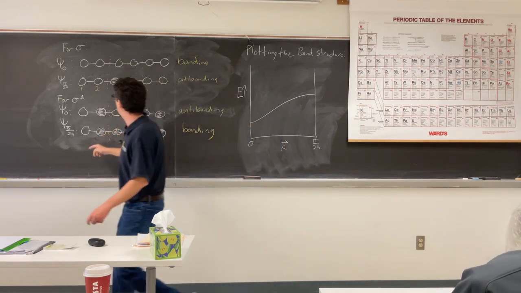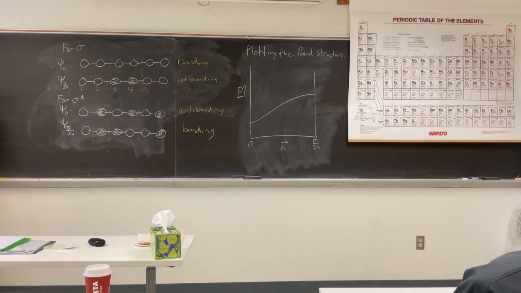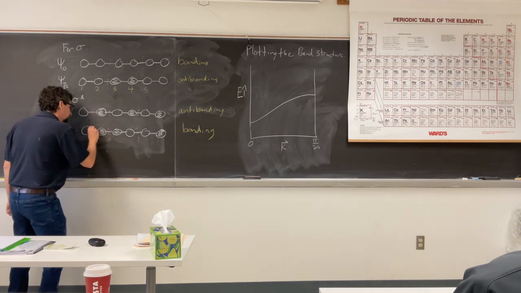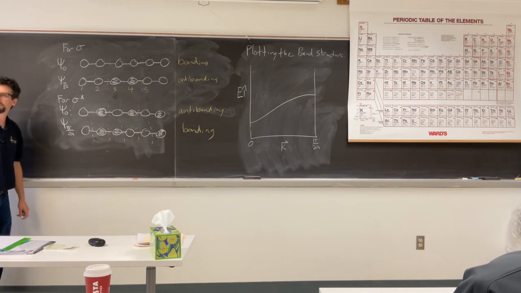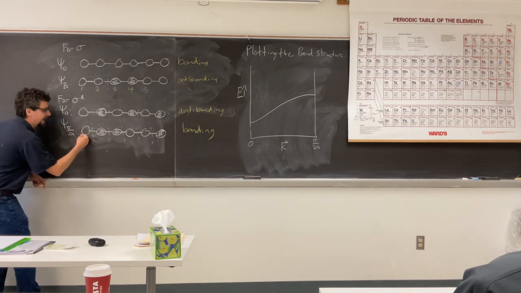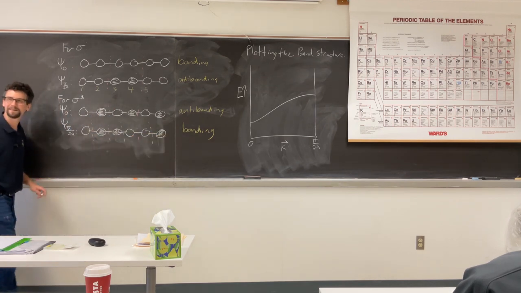Now, let's look at these two. Yeah, they are similar, right? Now, what if I just shifted my unit cell to there? They're degenerate. They're the same thing, because this actually extends to infinity that way and to infinity that way.